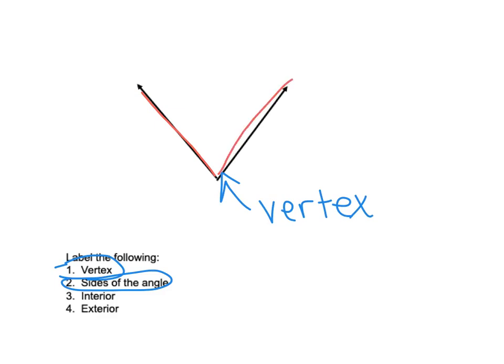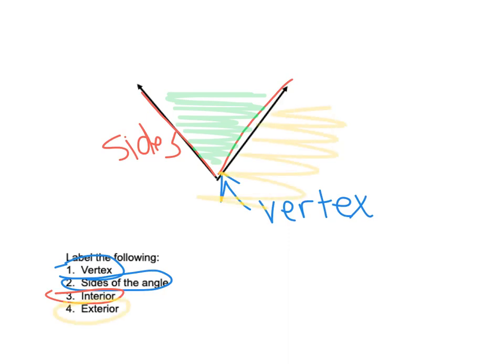So that in red there, those are the sides. The interior of the angle is the part that's on the inside of the angle. That would be anything on the inside. And then the exterior would be any area on the outside of the angle.